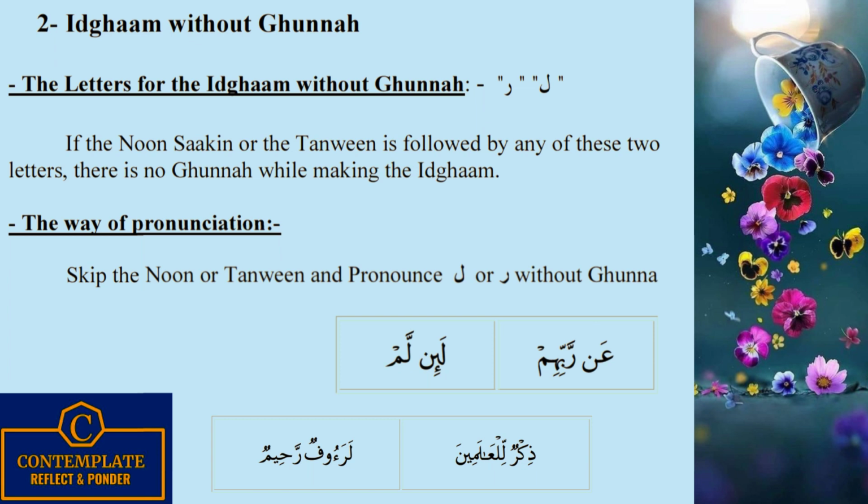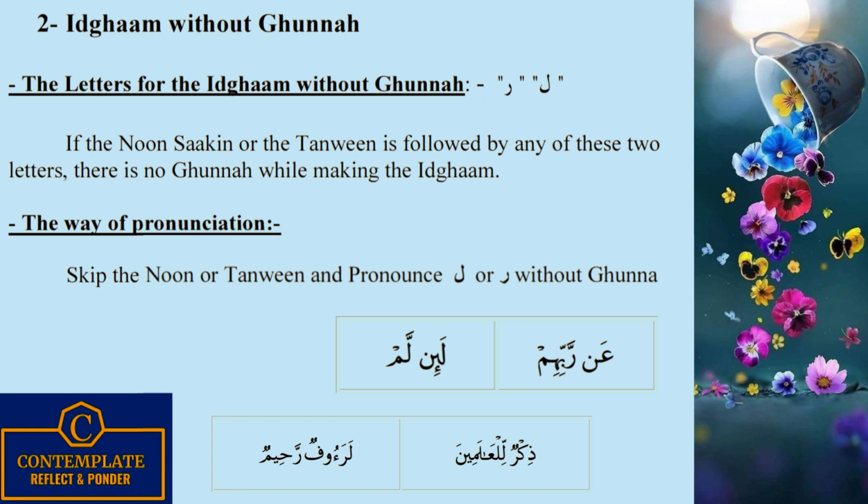For example, عربهم. Here I'm not doing any gunna, as we are discussing idgham without gunna, so we must not do any gunna. There will not be any nasal sound. Another example, la illam.